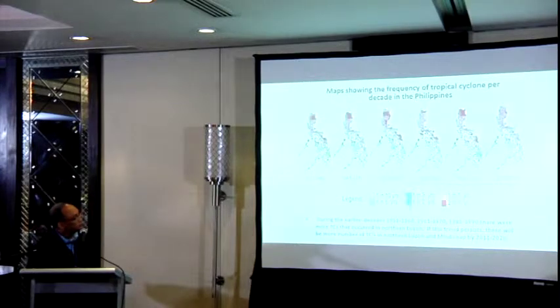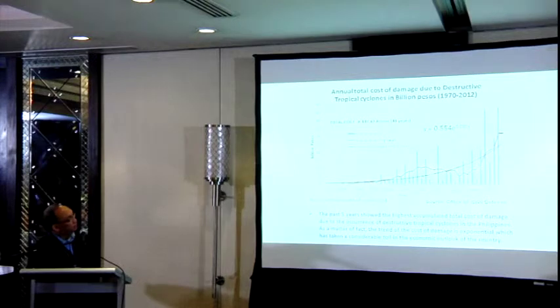Next slide. So this is a map showing the frequency of tropical cyclone per decade in the Philippines. So what we are seeing is that during the early decades, there were more tropical cyclones that occurred in northern Luzon. If this trend persists, there will be more number of tropical cyclones in northern Luzon and Mindanao by 2011 to 2020. Next slide, please.